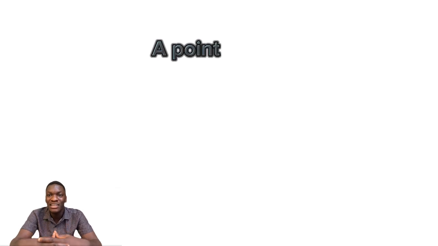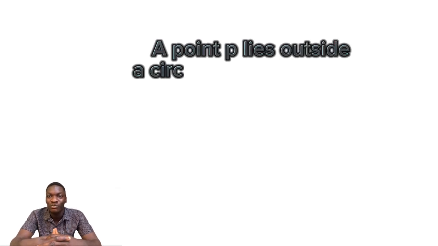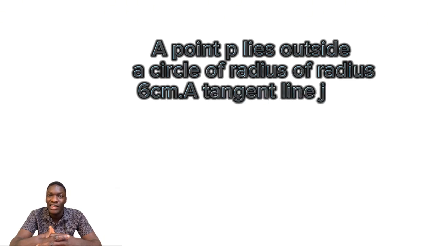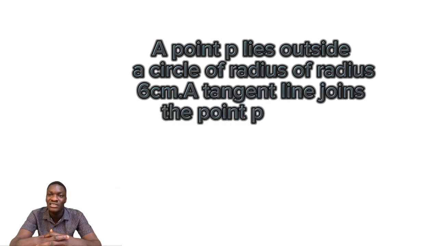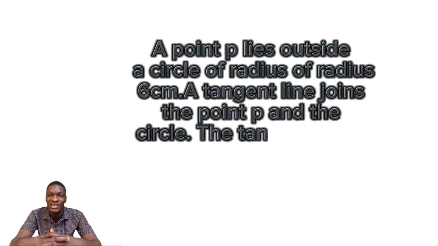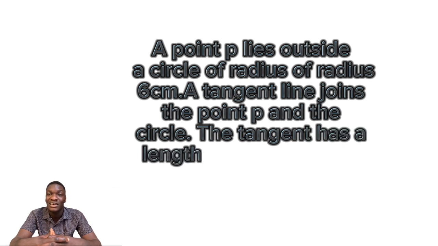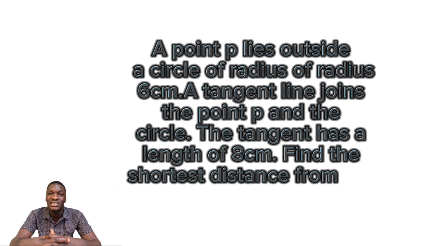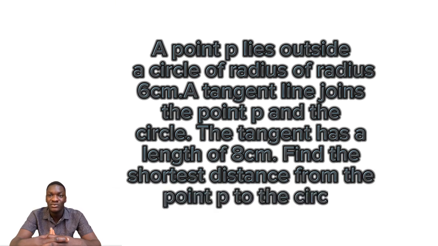A point P lies outside the circle of radius 6 centimeters. A tangent line joins the point P and the circle. The tangent has a length of 8 centimeters. Find the shortest distance between the point P and the circle.